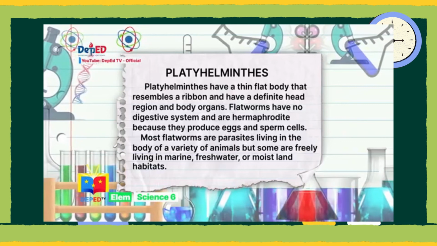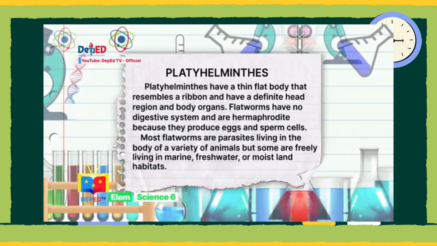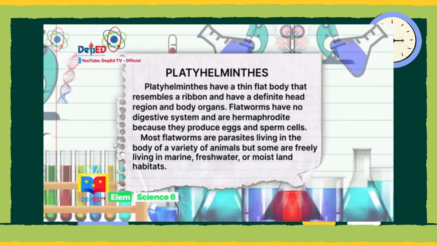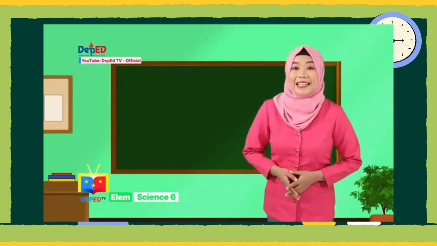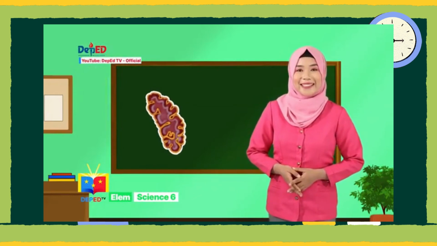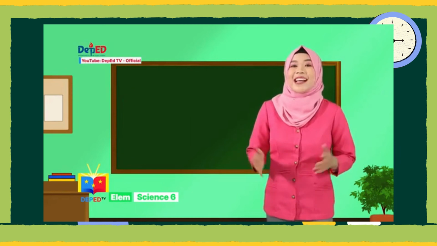Most flatworms are parasites living in the body of a variety of animals, but some are freely living in marine, freshwater, or moist land habitats. The examples of platyhelminthes are flatworms, fluke, and tapeworms.